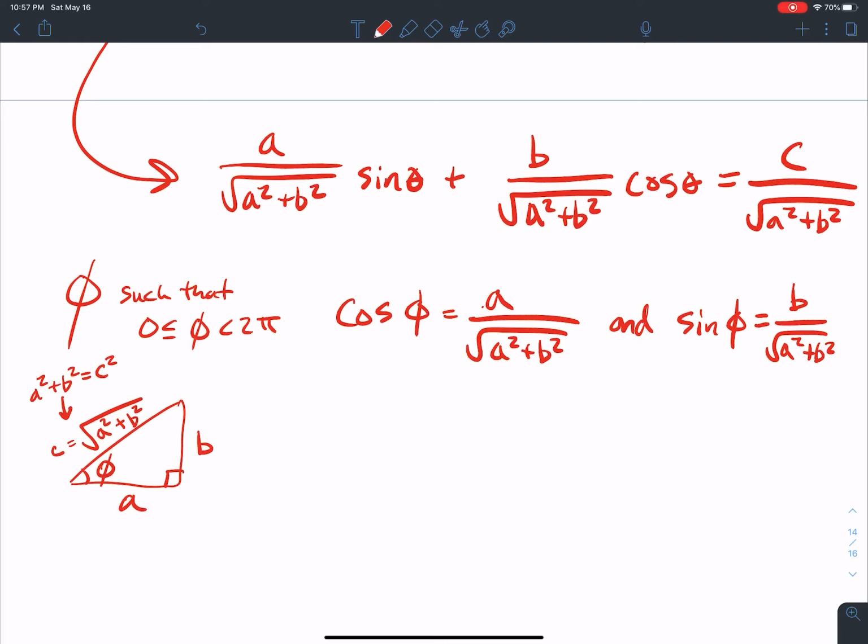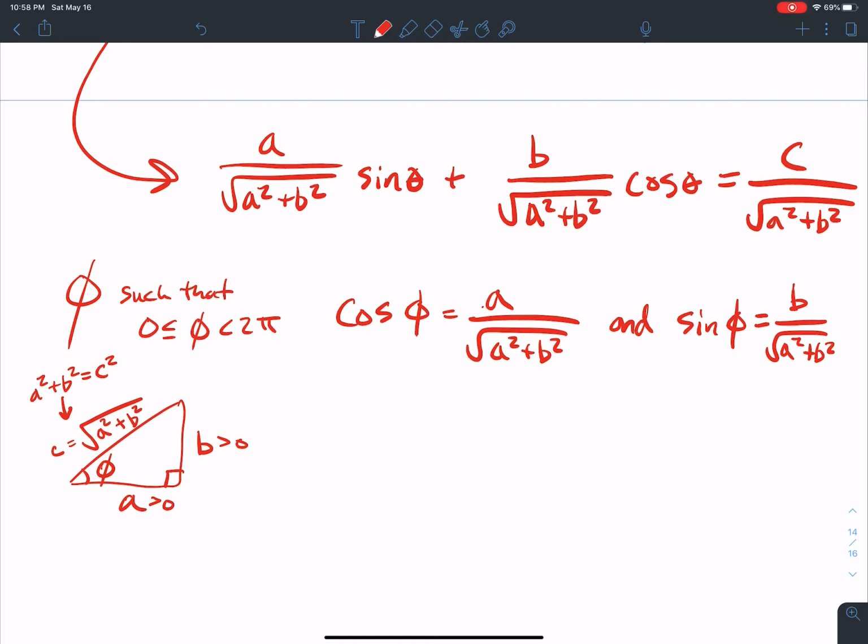So the cosine of phi is adjacent over hypotenuse, and the sine of phi is opposite over hypotenuse. So that's just basic right triangle trigonometry going on there. This is the scenario for b greater than 0 and a greater than 0.